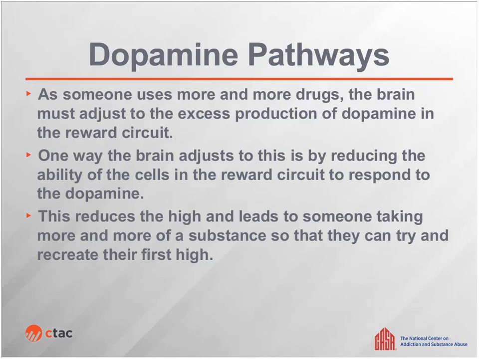If a drug is introduced into the body and impacts the dopamine pathways, the neurons will decrease their production of dopamine, because they realize that dopamine is already being introduced into the system.